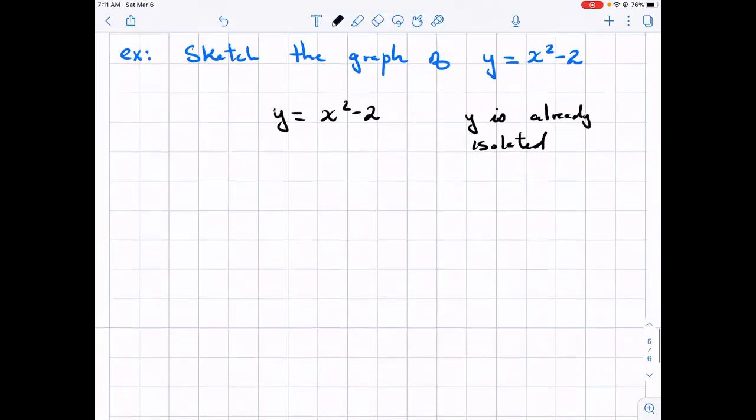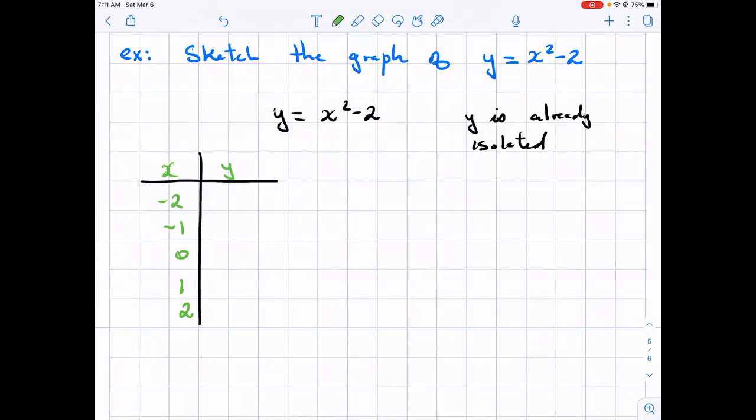So we can make our table of values and fill in these values. If we construct a table of values with x and y, for x values I can choose minus 2, minus 1, 0, 1, and 2.